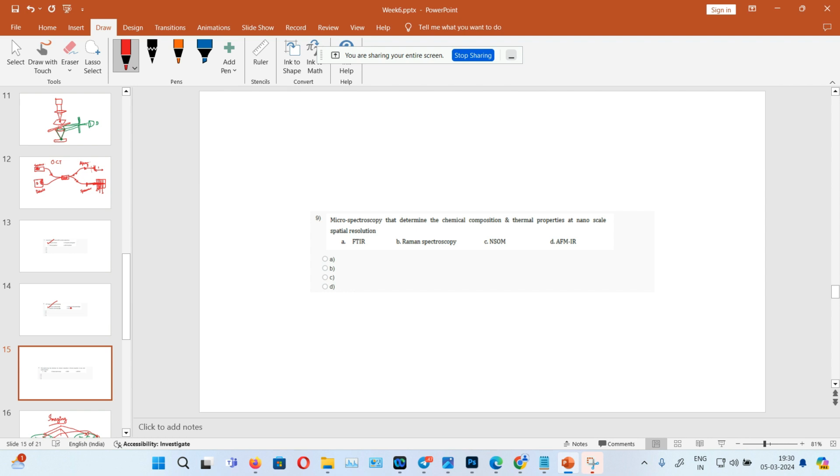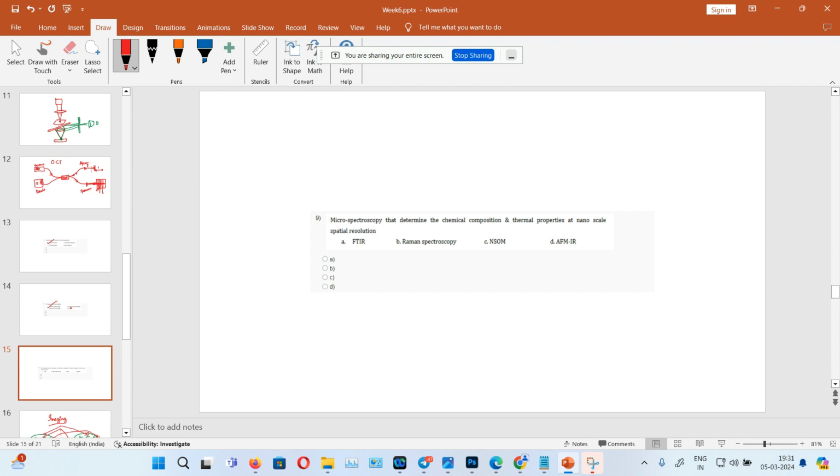Mainly IR spectroscopy will be good for this. But the problem is that IR spectroscopy has a wavelength dependent diffraction limit, so it cannot go beyond a certain spatial scale.